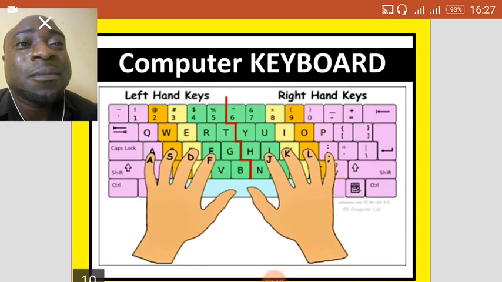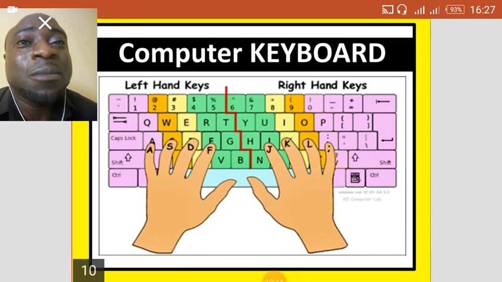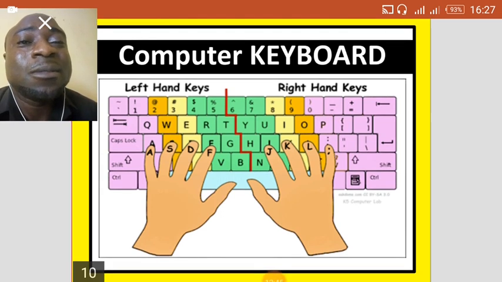So the first thing to remember before you position your fingers on a keyboard is that the type of keyboard you are using is QWERTY, and under the QWERTY you have ASDF. You position your left fingers on ASDF, while the right hand will be on JKL and semicolon. And always remember, your thumb will be on the space bar, so that you can move freely.